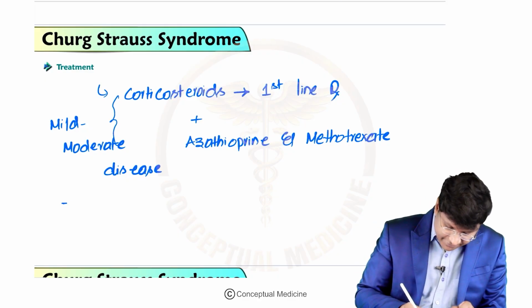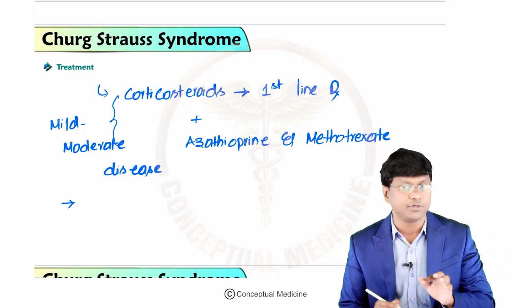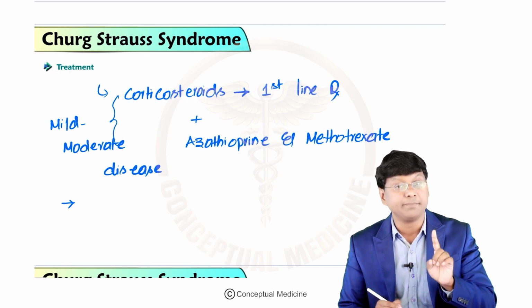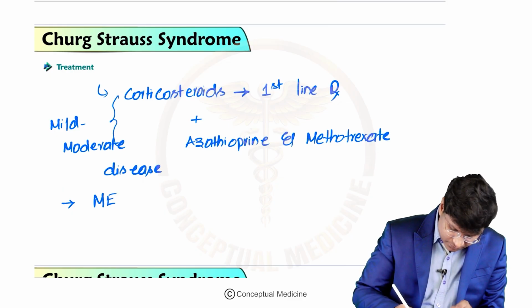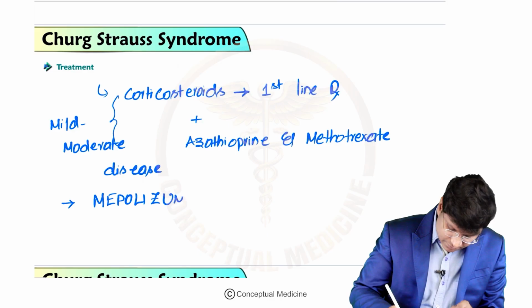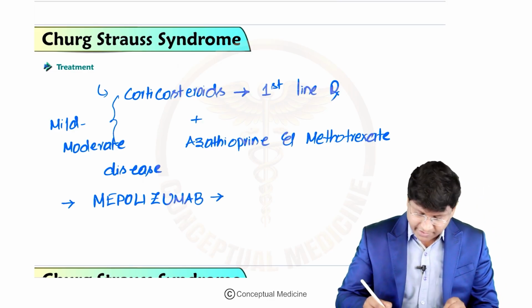Then apart from that, we have another FDA approved drug for the treatment of Churg-Strauss syndrome, that is Mepolizumab. Mepolizumab is an interleukin 5 inhibitor.